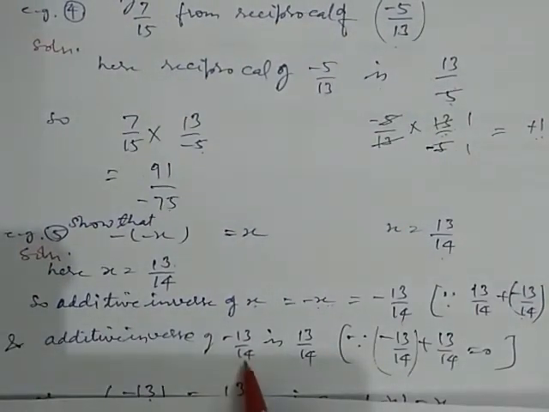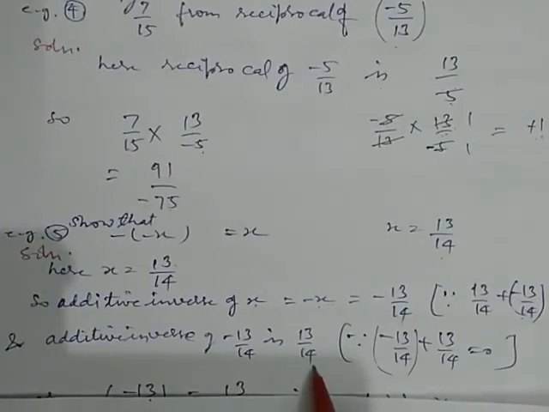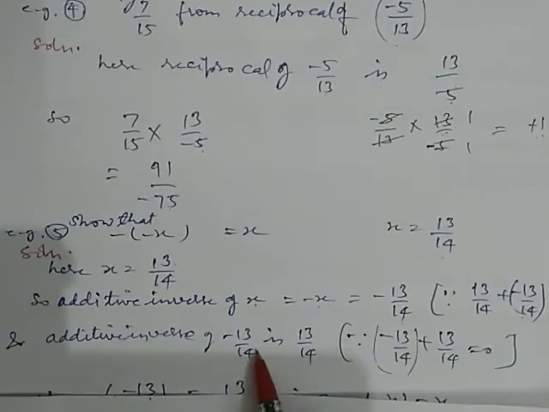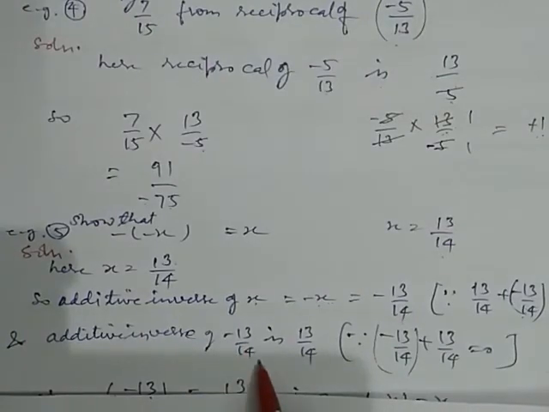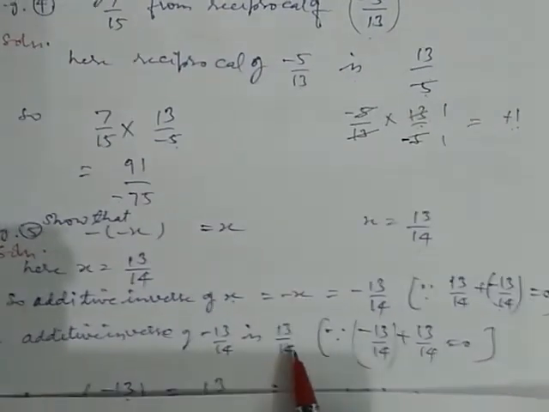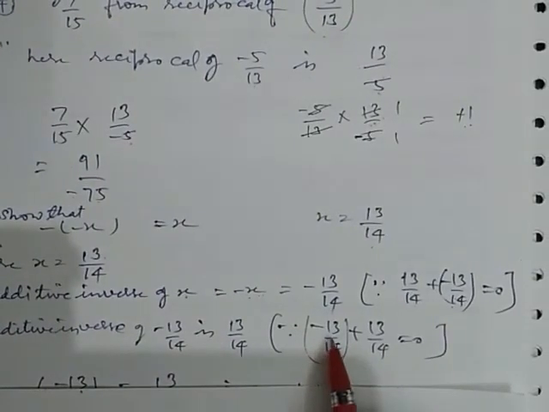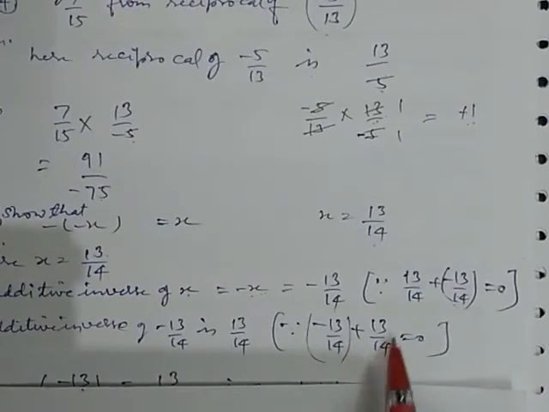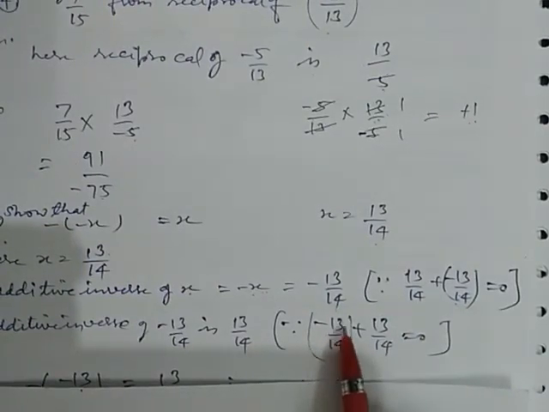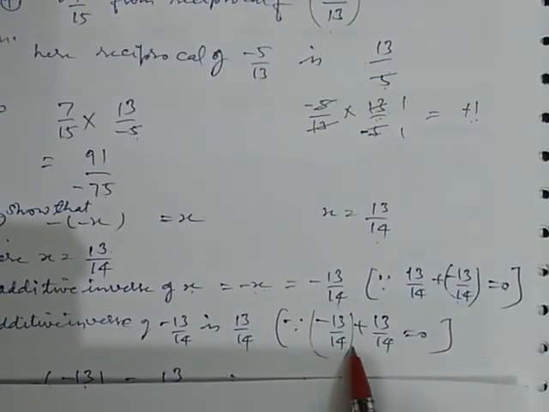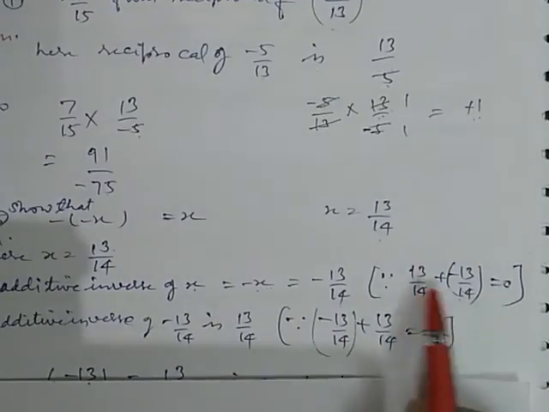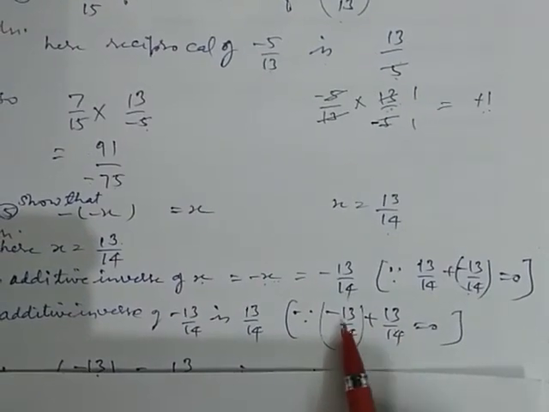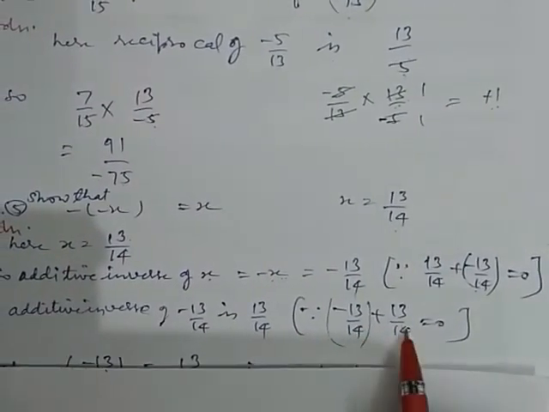The additive inverse of minus 13 by 14 is 13 by 14. Here we found the additive inverse of this minus 13 by 14, which is 13 by 14. How? Check here: minus 13 by 14 plus 13 by 14 equals 0. So 13 by 14 is the additive inverse of minus 13 by 14. Both the terms are additive inverses of one another.